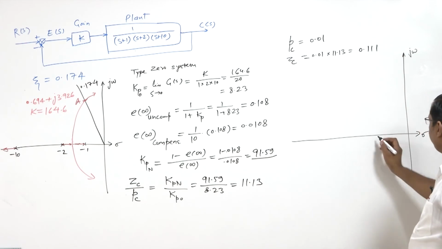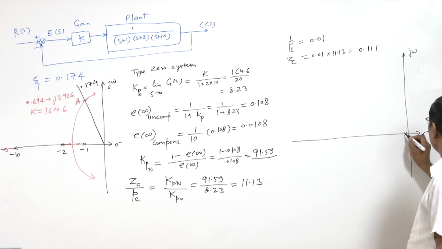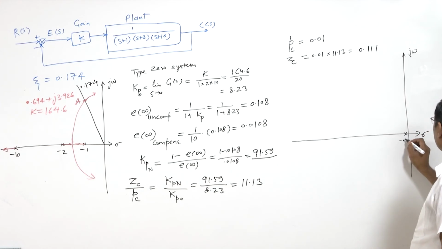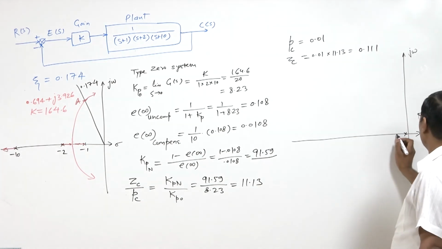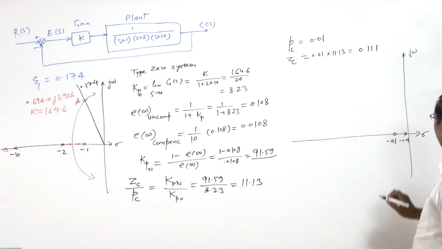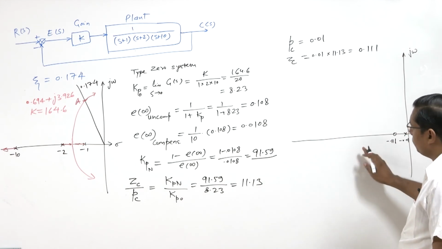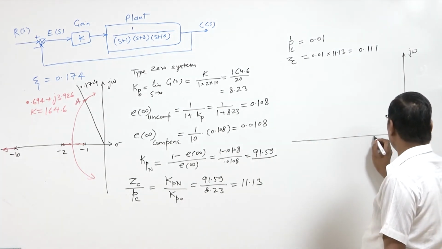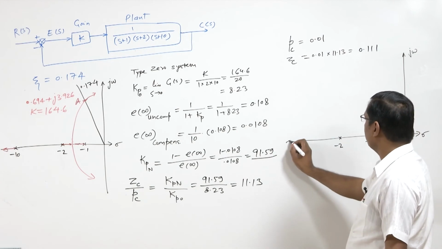Now we have here Pc at minus 0.01, and Zc equal to minus 0.111, and the other system poles are at -1, -2, and then -10.